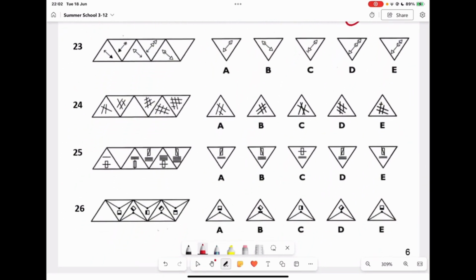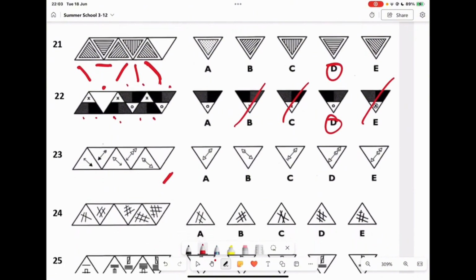Then 23. We can see that the arrow is rotating. It's going 45 degrees. Oh no, it's going 90 degrees anti-clockwise in each shape. So given that, we know that it will be facing this way. So with that, we can rule out B. Now we're looking at the arrowheads.